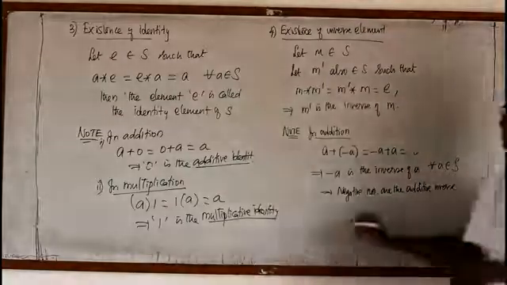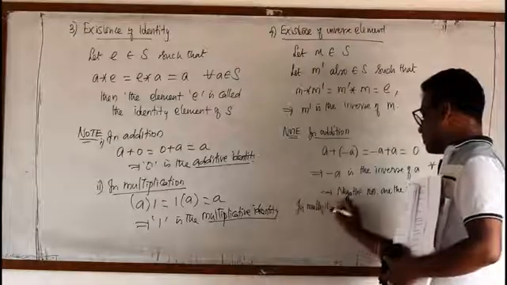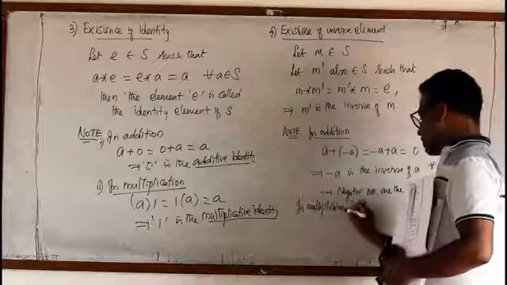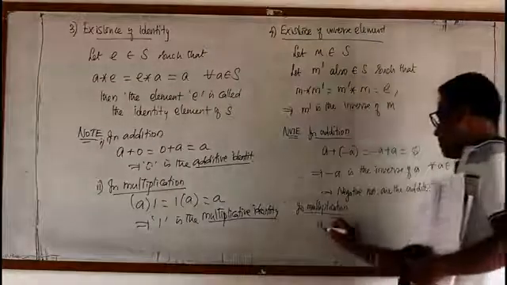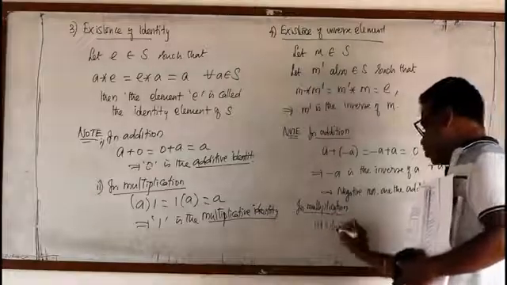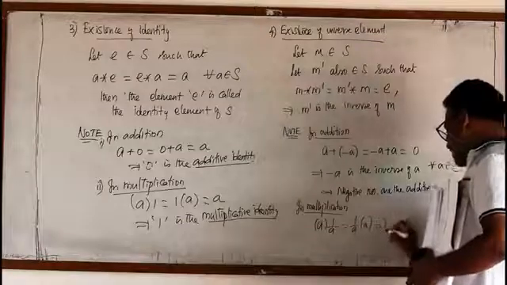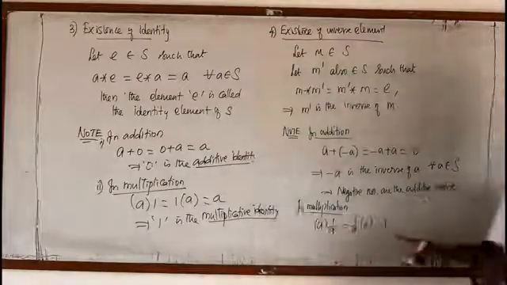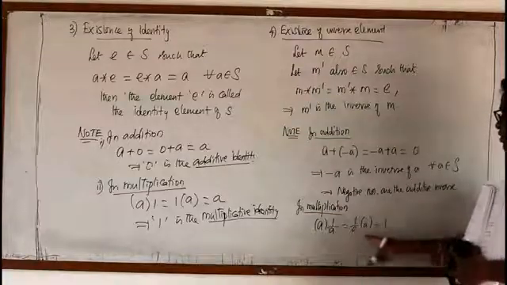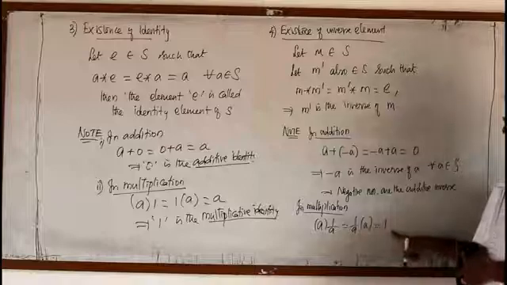Similarly, in multiplication, if I multiply A into 1 by A, or 1 by A into A, I get the answer 1. 1 is the multiplicative identity. So when I multiply A with 1 by A or 1 by A with A, I am getting the identity.